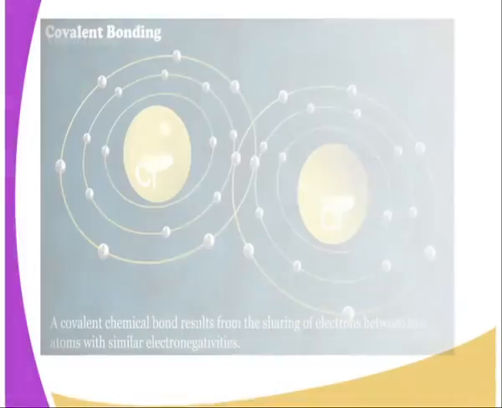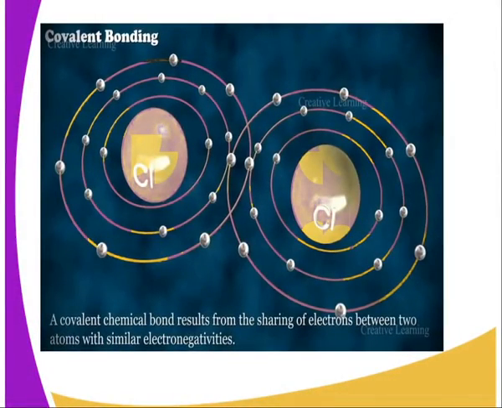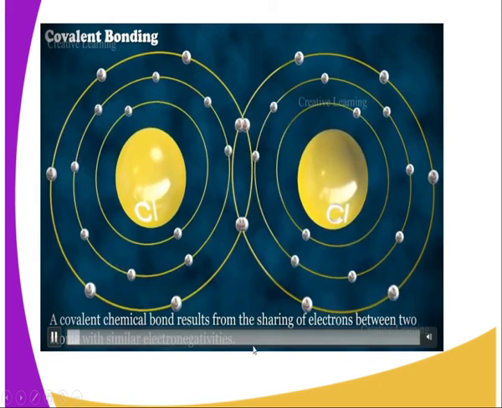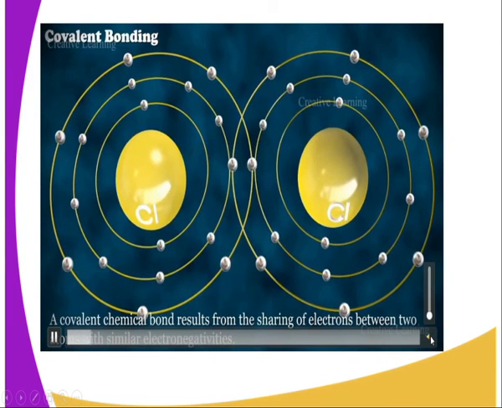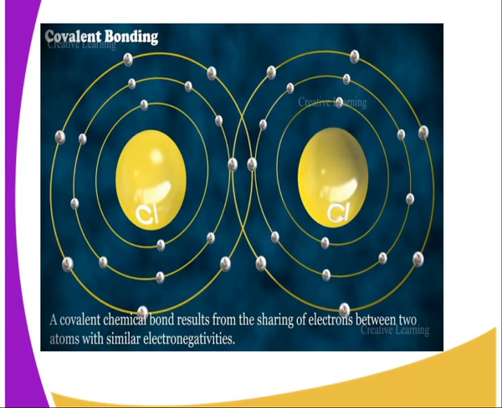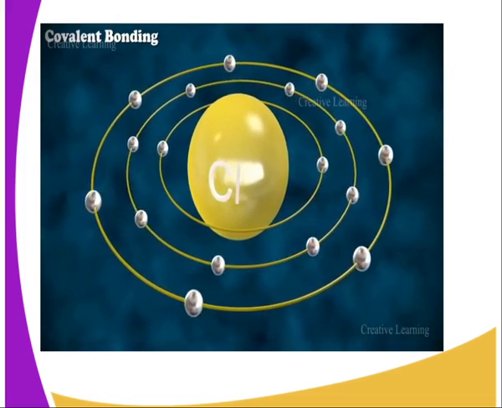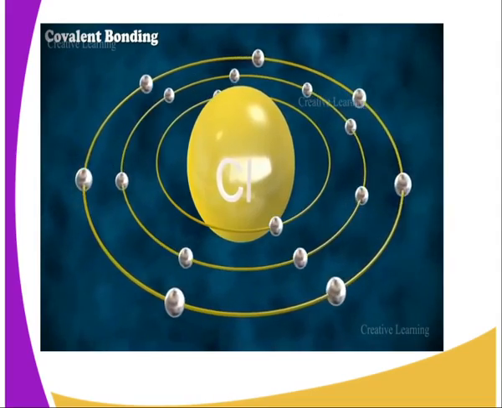In addition to that, let's see more examples using chlorine gas, which is a diatomic molecule. As we have mentioned, a covalent bond results from sharing of valency electrons between atoms which have similar electronegativities. So when you look at the atoms here, chlorine has 7 electrons in the outermost energy level.